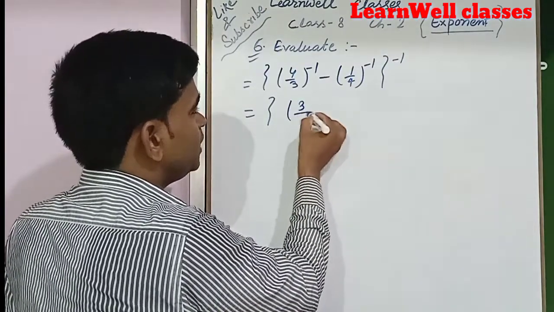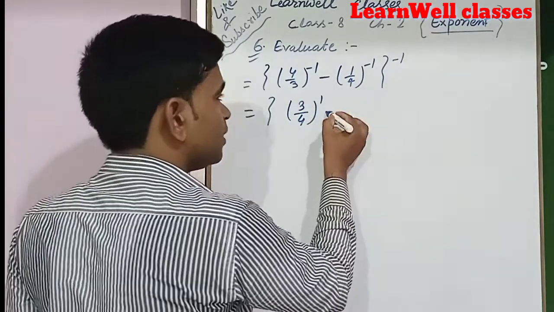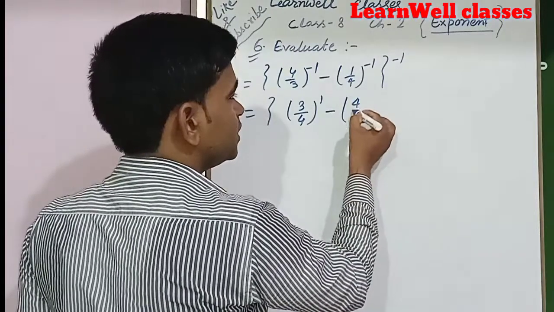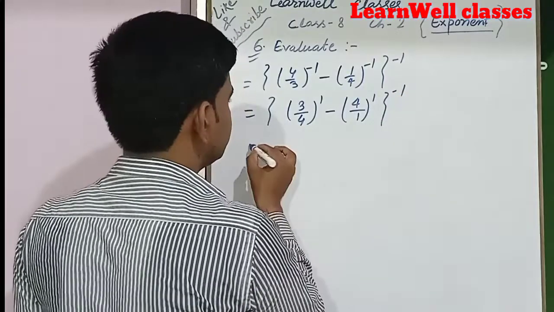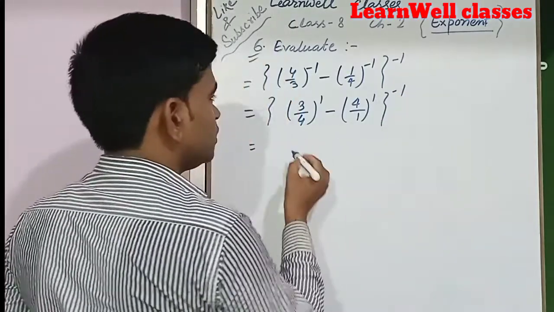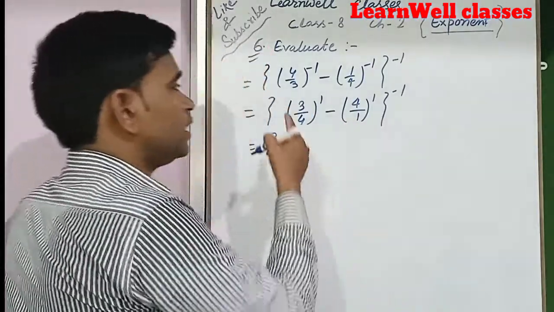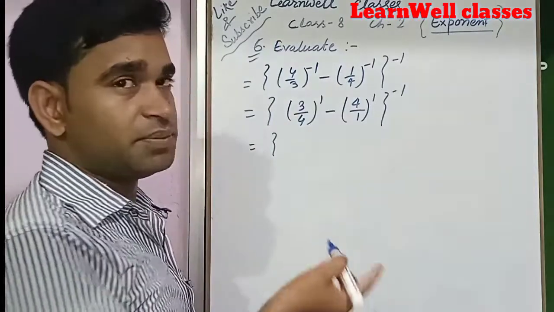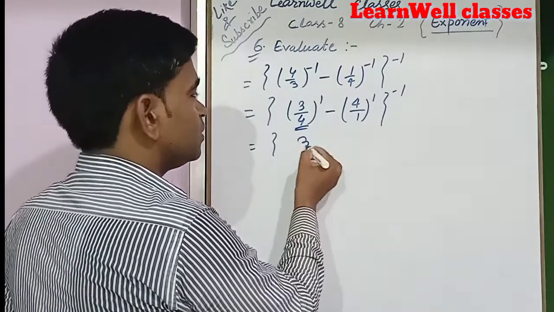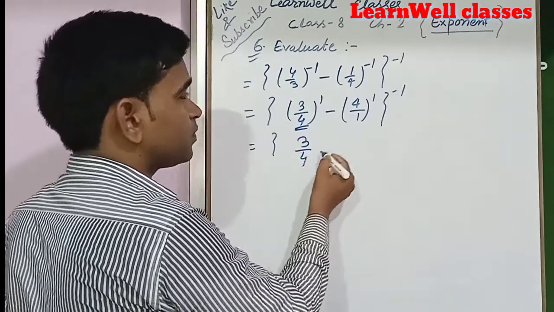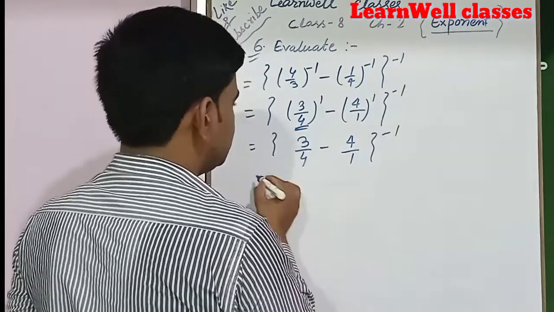So it will be 3 upon 4 raised to the power 1, 4 upon 1 raised to the power 1, and the whole raised to the power minus 1. Because the exponent is 1, the number is multiplied 1 time, so we get 3 upon 4 minus 4 upon 1.